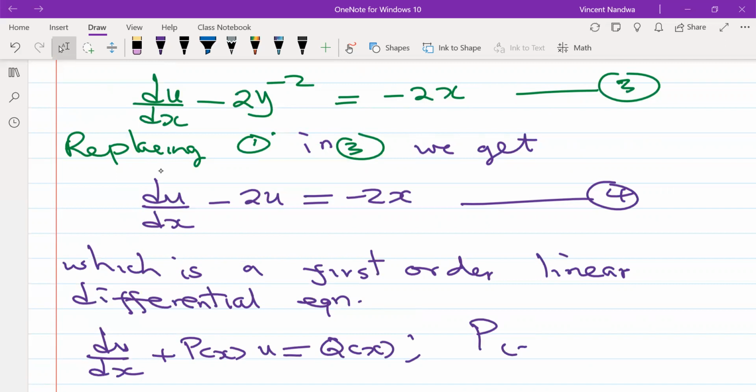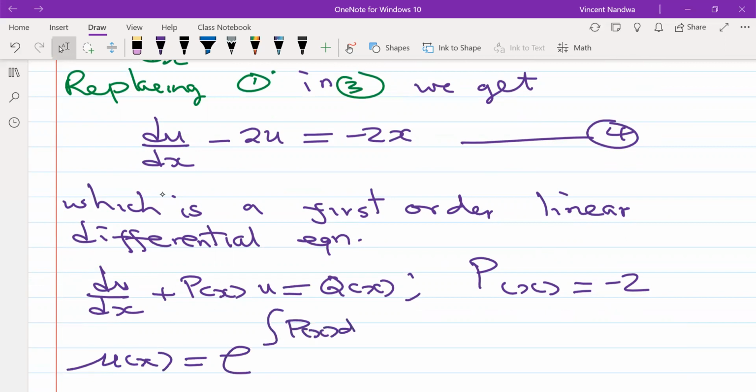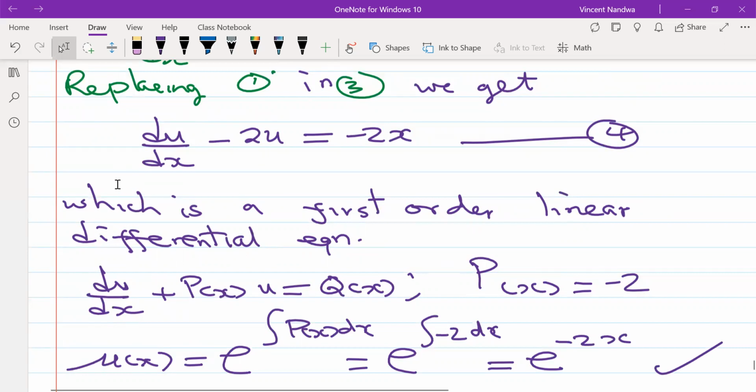So our p of x here is minus 2. So the integrating factor is usually given by e raised to the power integral of p of x dx, which will be e raised to the power integral of minus 2 dx, which will be e raised to the power minus 2x. So this is our integrating factor.